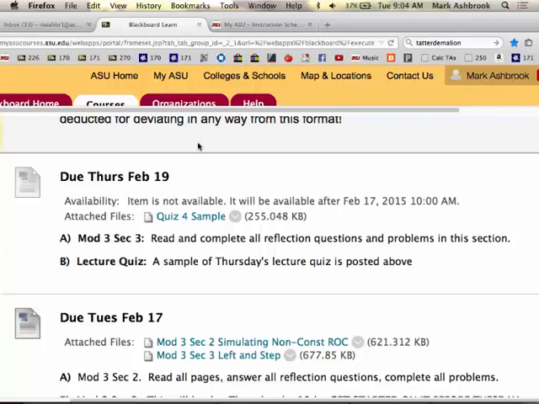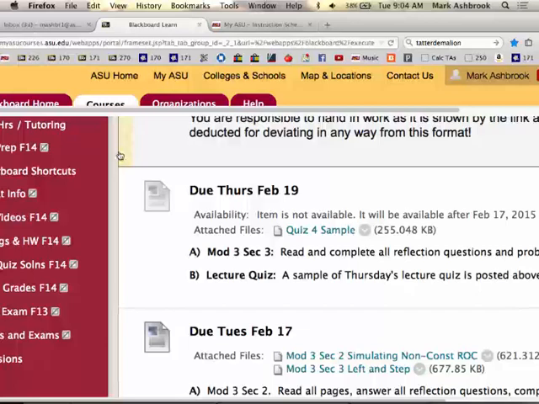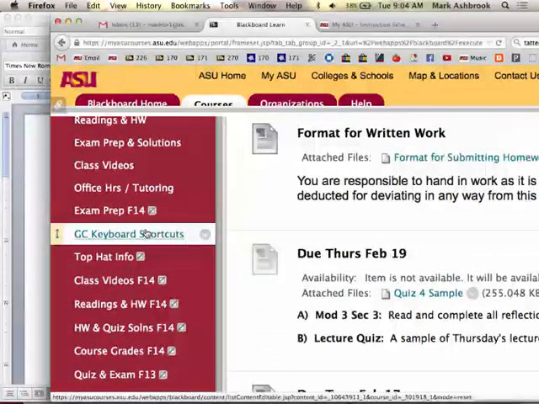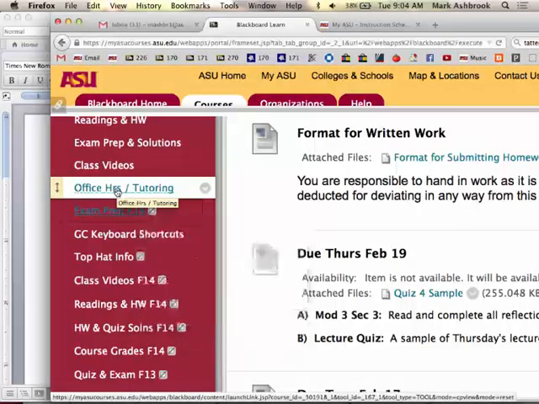So, if the first exam didn't go as well as you hoped, the remedy is start studying earlier. Start studying earlier, and then those last couple days before the exam is your chance to get into our office and ask us questions and get your questions answered. So let me just remind you, there's the office hours and tutoring.